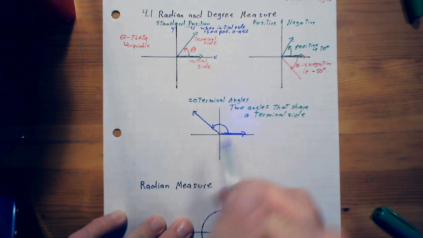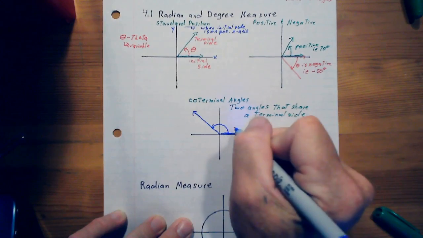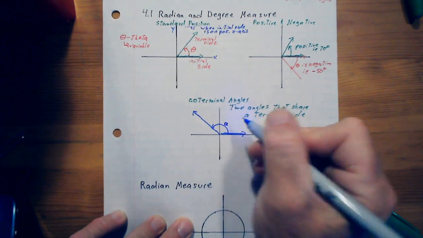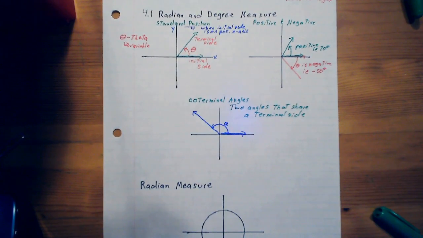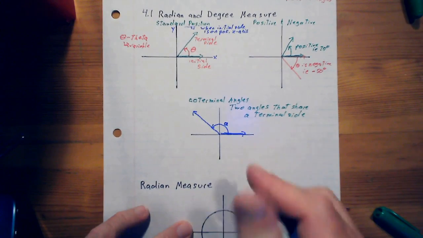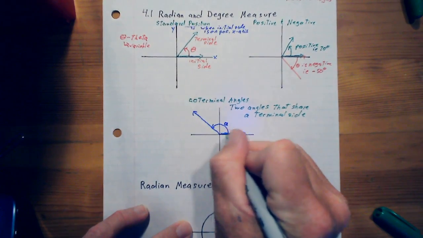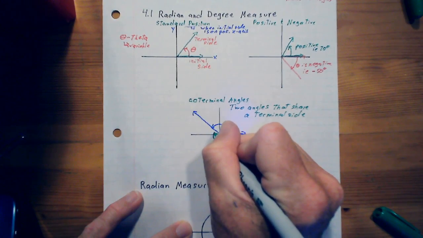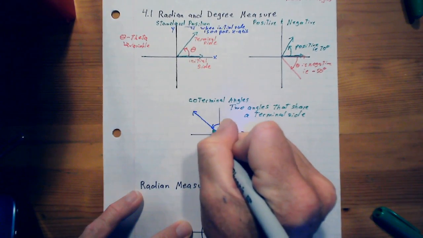All right. There's angle, well, we'll call it angle A. Doesn't always have to be theta. It's common, but it doesn't always have to be. And then I got another angle here, and I'll swing around that way till there.